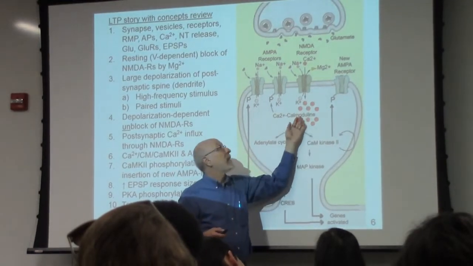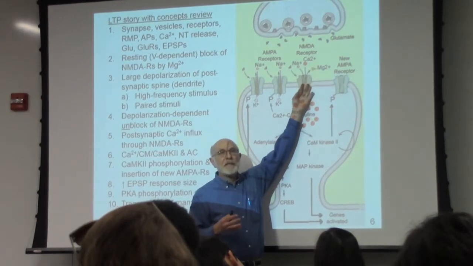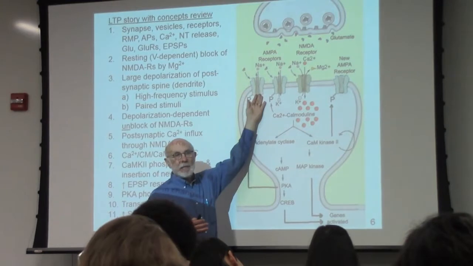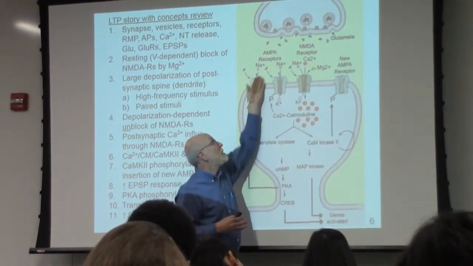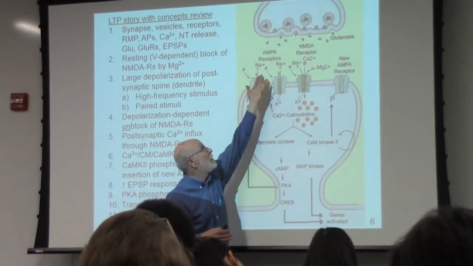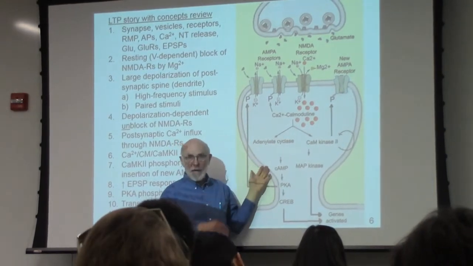So when this cell is negative, magnesium pops into this channel and blocks it and prevents ions from flowing through. But these channels are not blocked by magnesium, and so the neurotransmission, glutamatergic neurotransmission, is maintained through the AMPA receptors. Glutamate is released, AMPA receptors open, sodium flows in, depolarization, yada yada.